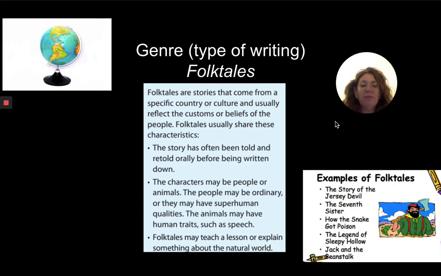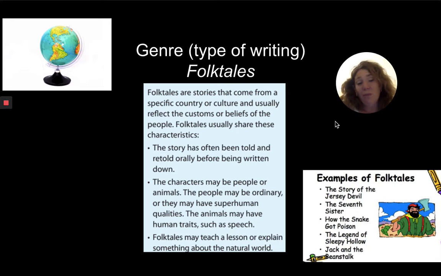The characters may be people or animals. The people may be ordinary, or they may have superhuman qualities, like Peter Pan. He can fly, right? Superhuman quality. The animals may have human traits, such as speech.